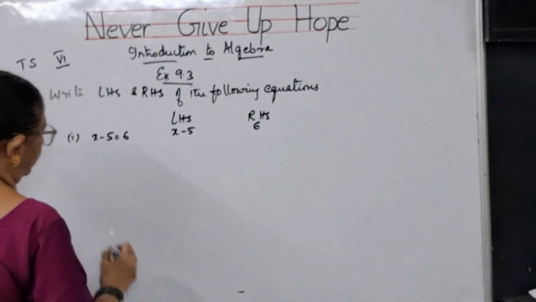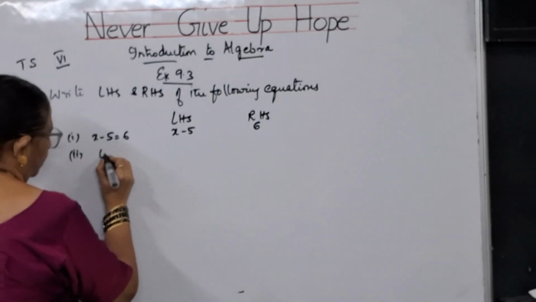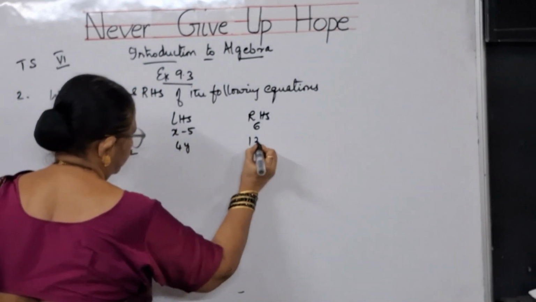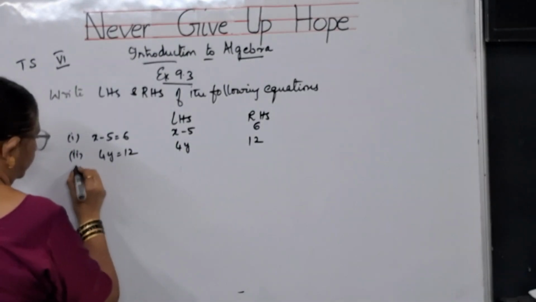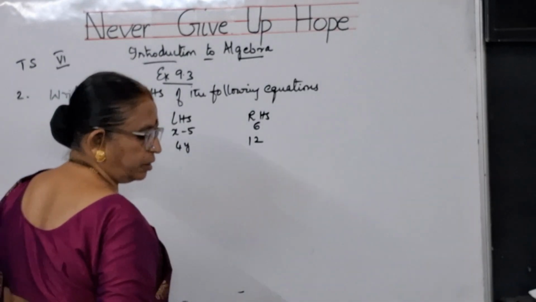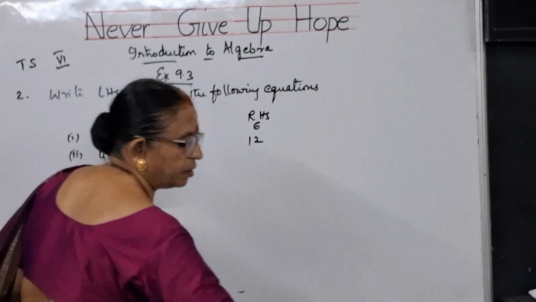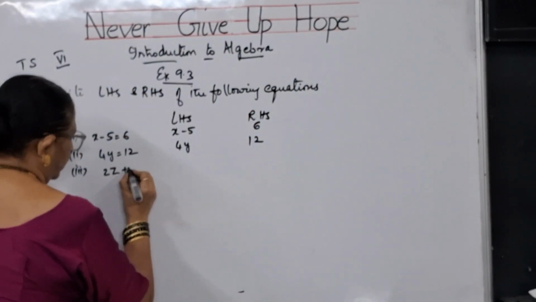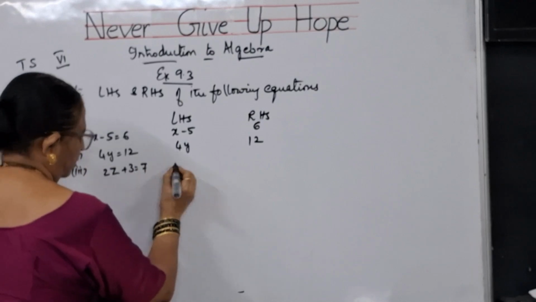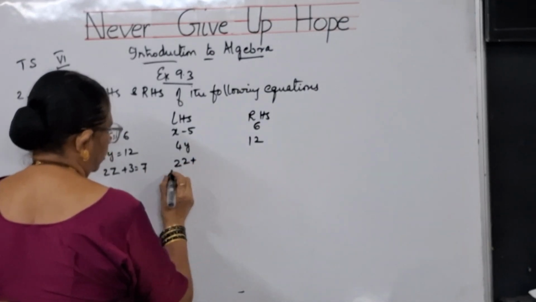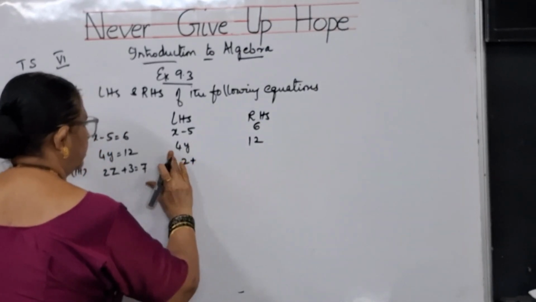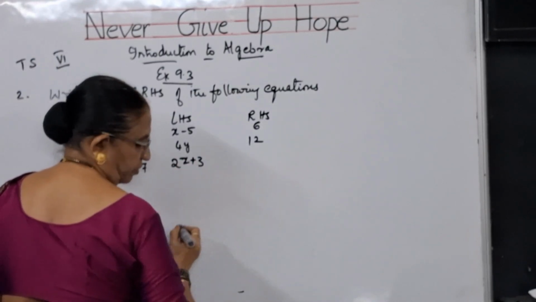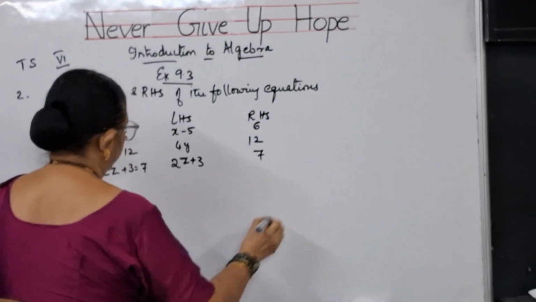Next, second one, 4y is equal to 12. LHS 4y, RHS 12. And third bit, 2z plus 3 is equal to 7. 2z plus 3 LHS, 7 is RHS.